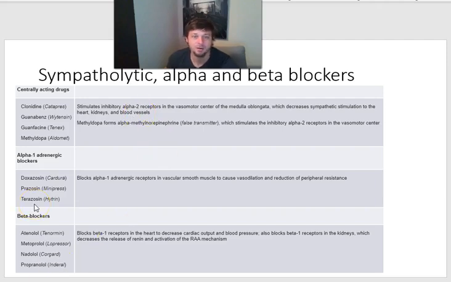For your alpha-1 blockers, if you remember, alpha-1 adrenergic receptors cause vasoconstriction, and so blocking that is going to cause vasodilation, which decreases that peripheral resistance, which then decreases your blood pressure. Tyrosine is kind of the go-to for this one.